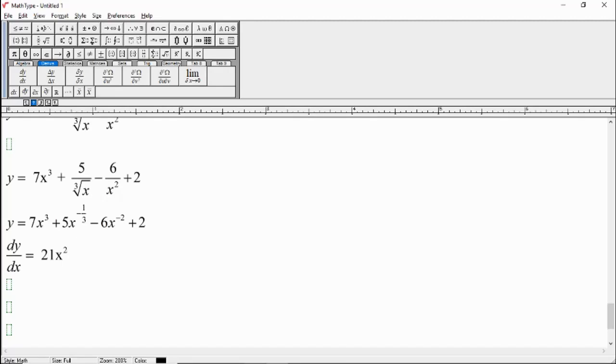We multiply by the power first. So positive 5 multiplied by minus 1 over 3, you'll get minus 5 over 3 x to the power of minus 1 over 3. We multiply by the power now, and now we subtract the power by 1. So minus a third minus 1 will be minus 4 over 3.